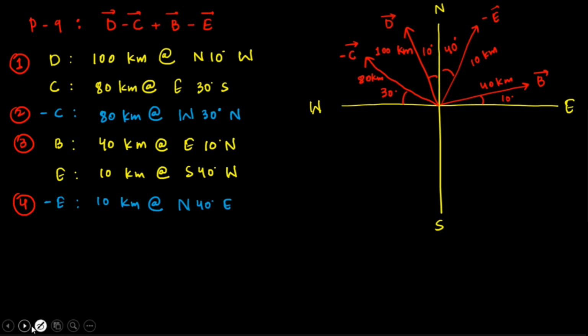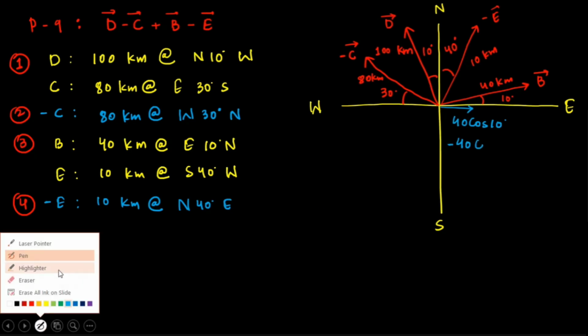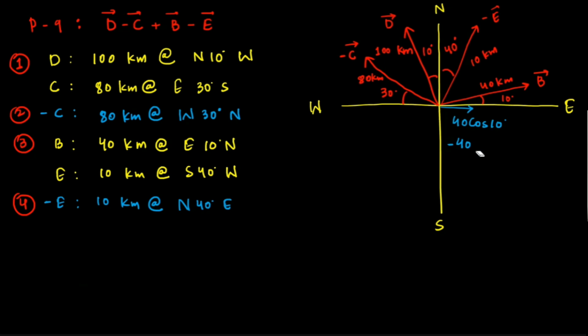The process is quite simple. How are we supposed to do this? This 40 kilometers has a component along x-axis as 40 cos 10, right? This negative E has a component along x-axis as negative 40 sine 40.